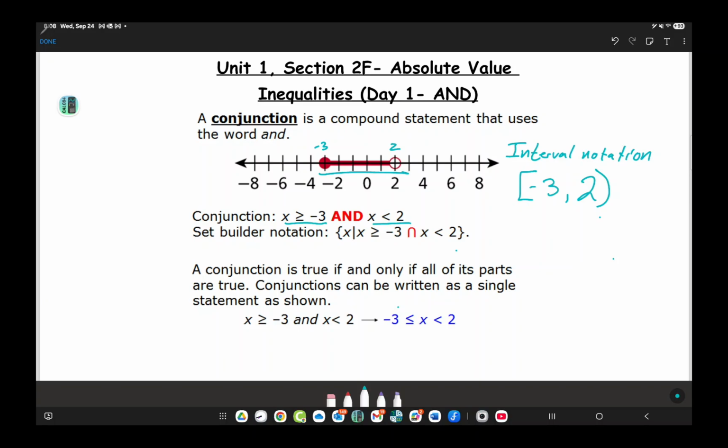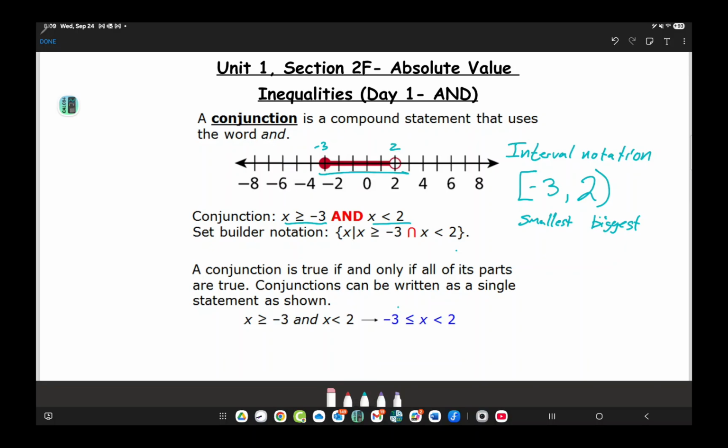So on every single one of these today, we are going to have two answers, and my graph is going to shade in between them. My lowest number should always go first, then my biggest number. So always go in that order.